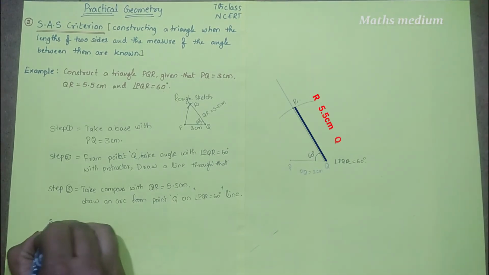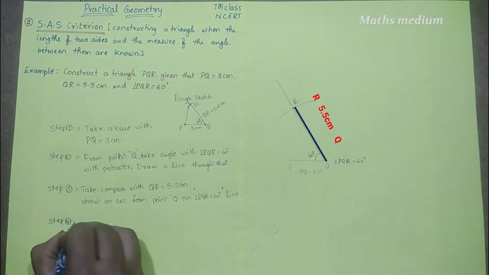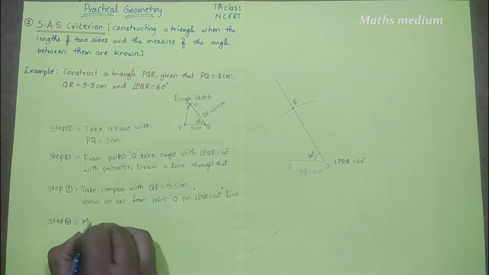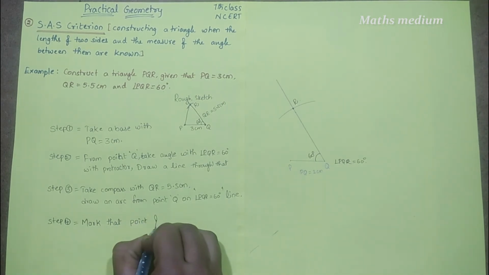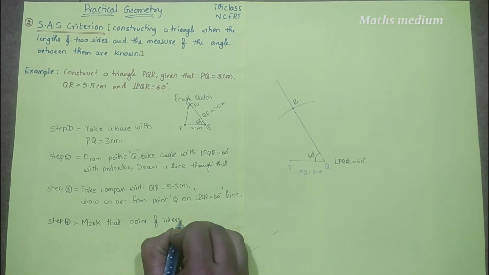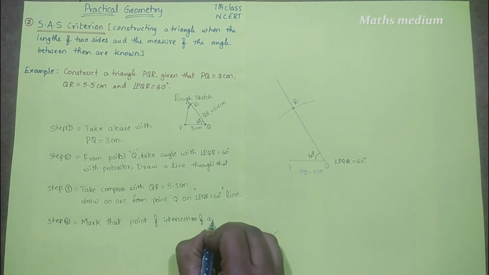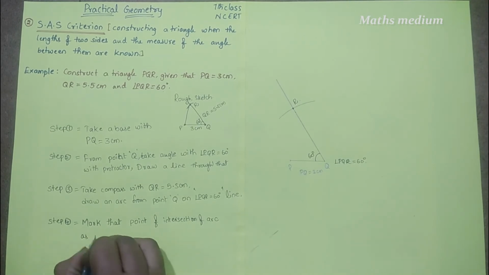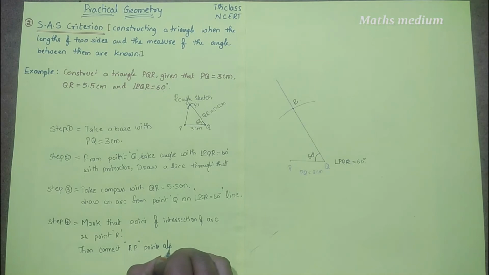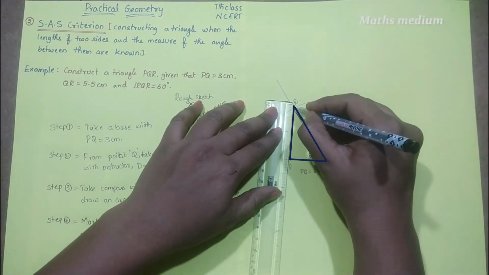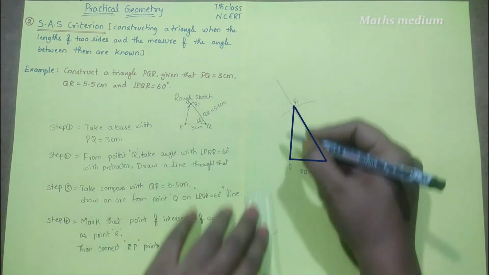So step 4 is mark the point of intersection of the arc as point R, then connect the R and P points also.